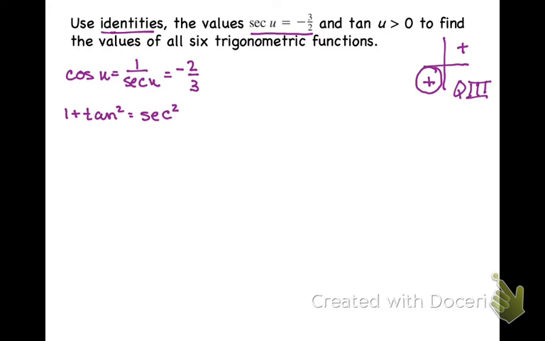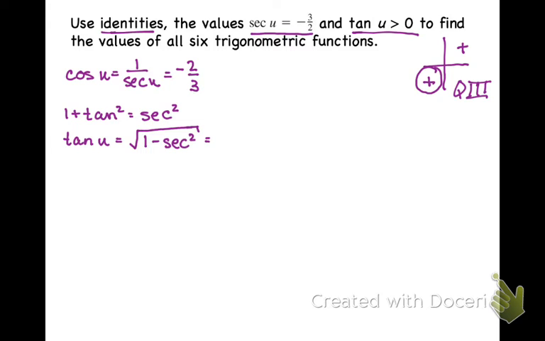So we need to get tangent. So how do we get tangent? Subtract 1 and take the square root. So tangent of u is going to equal plus or minus, but is it plus or minus? Plus, because it tells me it is, right? So it's plus the square root of 1 minus the secant squared. So now I just fill in.